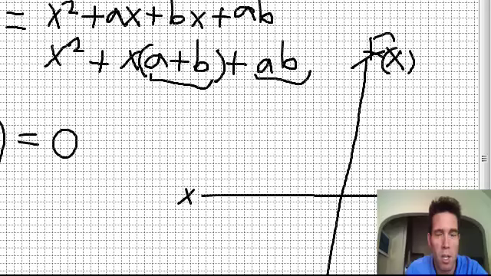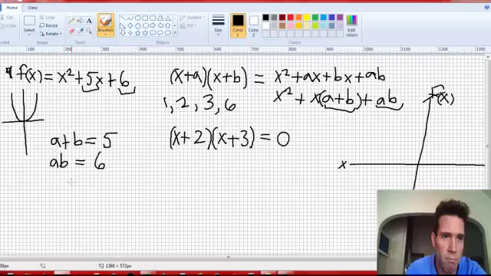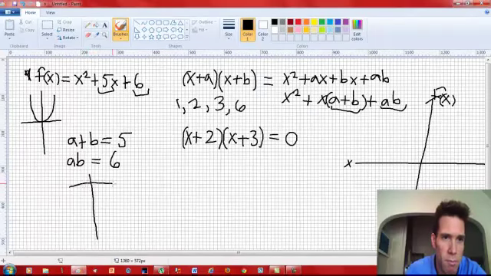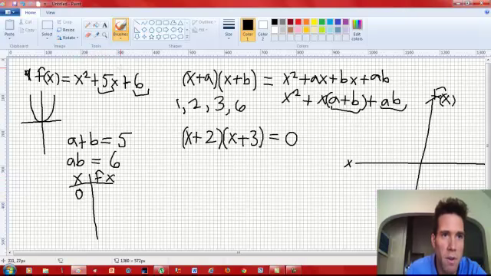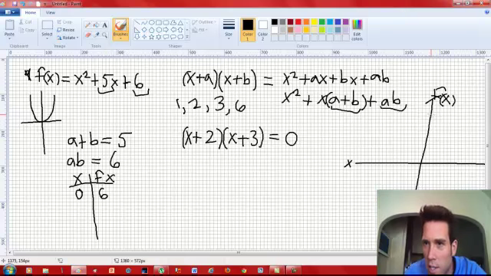So let's say we set x equal to 0. So wherever there's an x, we have 0. 0 squared is 0, 0 times 5 is 0, and what are we left with? f of x equals 6. Now, let's say 6 is about right there.